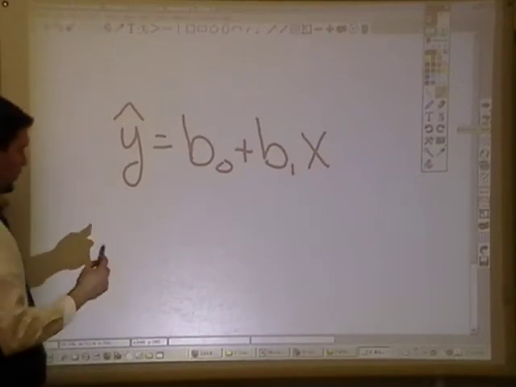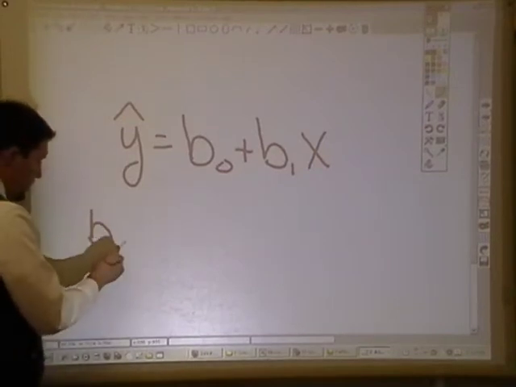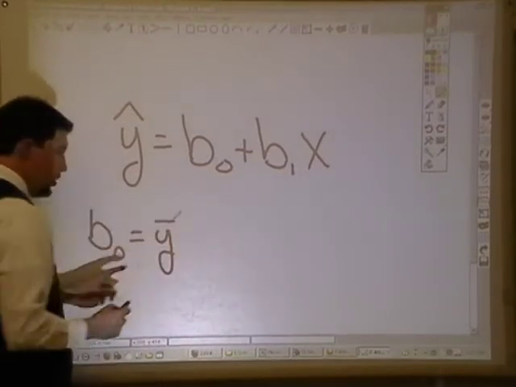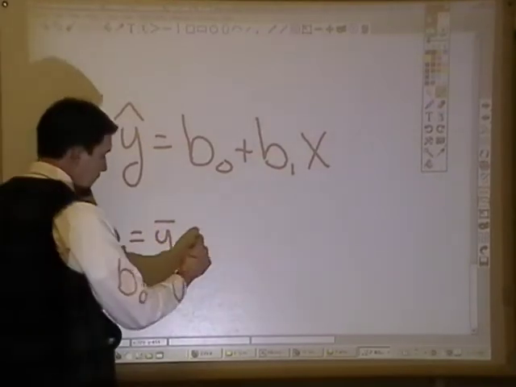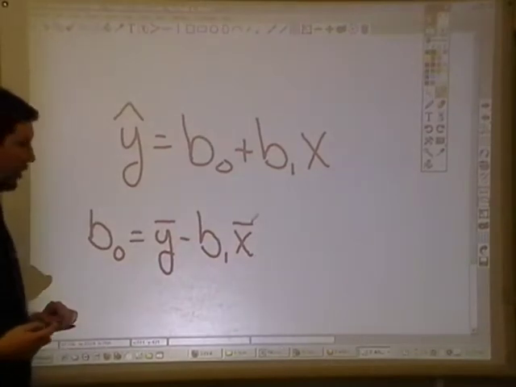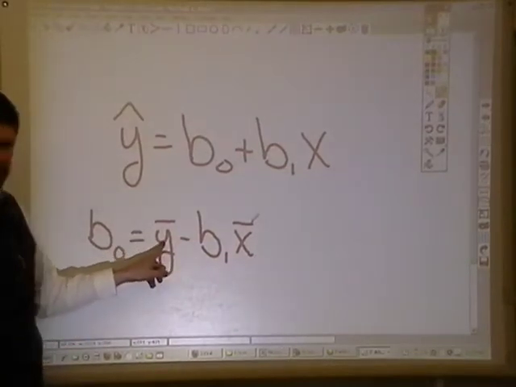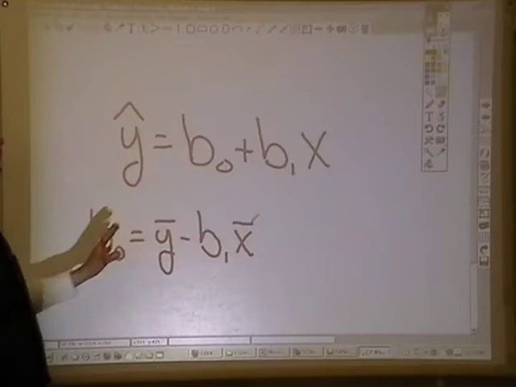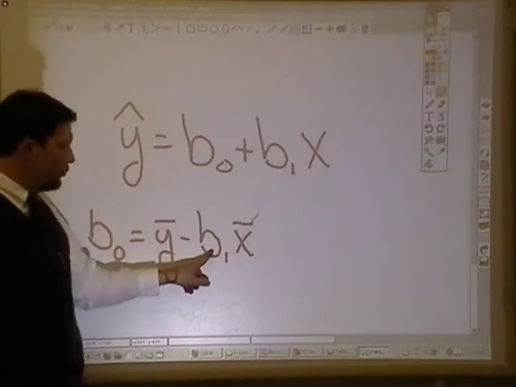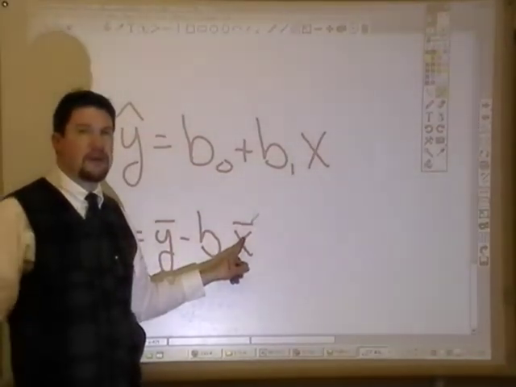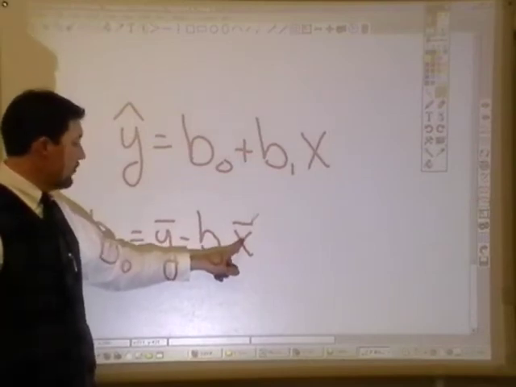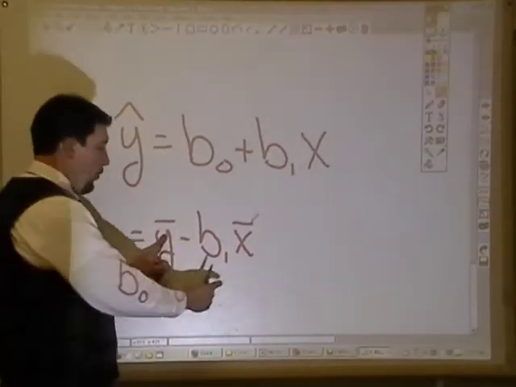Our other equation is this: b0, the y-intercept, is equal to y bar minus b1 times x bar. Y bar would be the mean of the y variable, which here is the mean of the freshman year GPA. B1 is the slope. X bar is the mean of the x variable, the mean of the SAT scores for us right here.